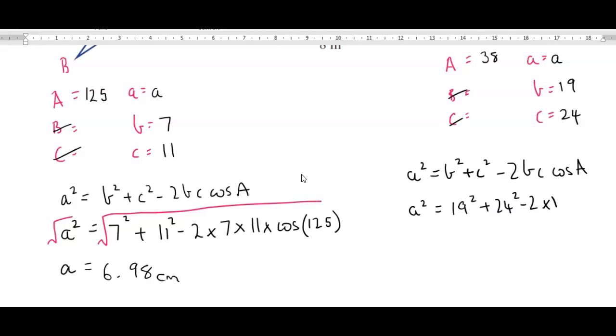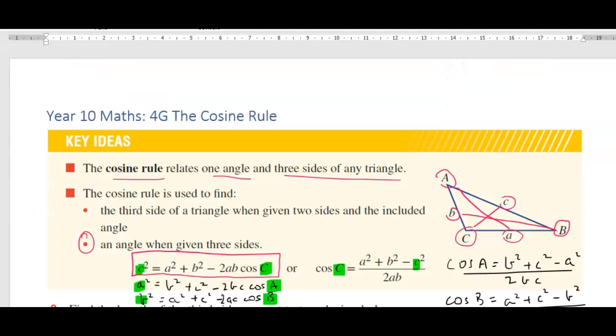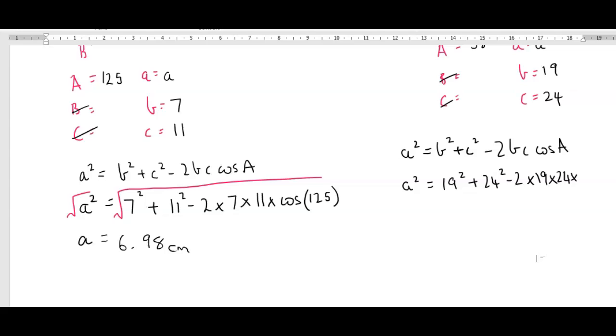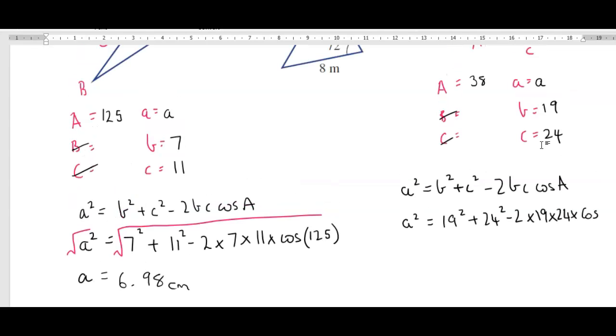So 2 times 19. Oh, I'm going to run out of room. I've got room on my page, but the video. Whoops. There we go. Times cos. What was my angle? 38.